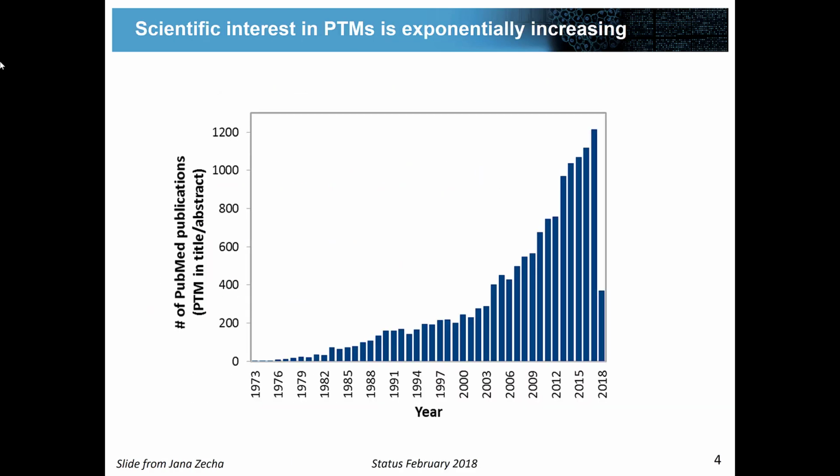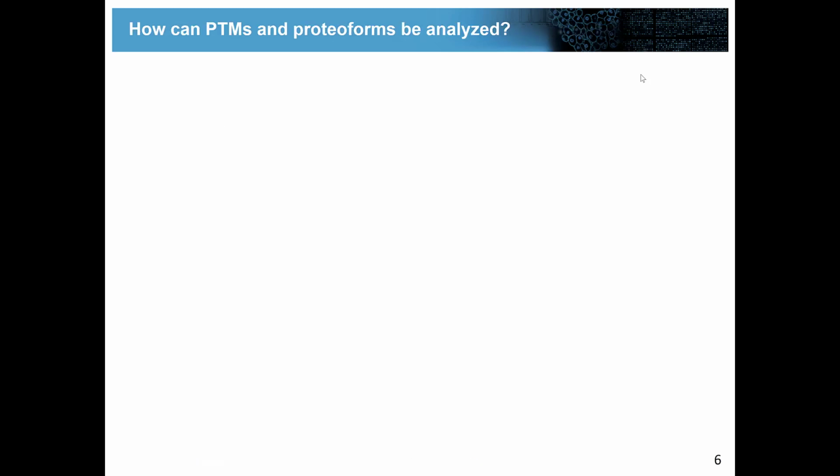And you can also see from this slide here that this is a currently very interesting topic, where we plotted the number of PubMed publications that contain the term PTM, either in the title or in the abstract, by year, and you can see that there is an almost exponential increase in papers that describe and publish PTM work. So it's really a very state-of-the-art, important topic to study.